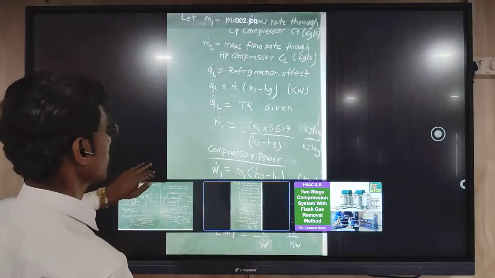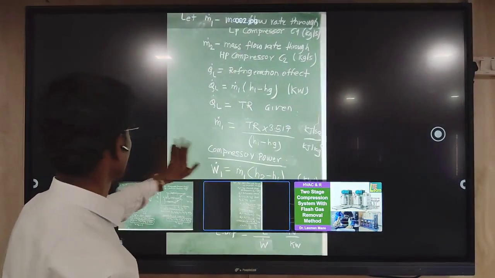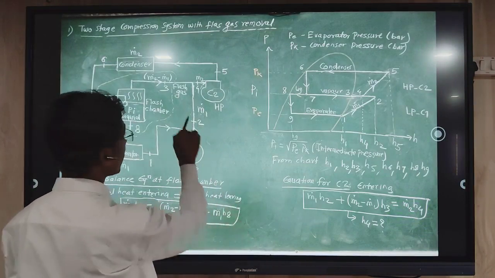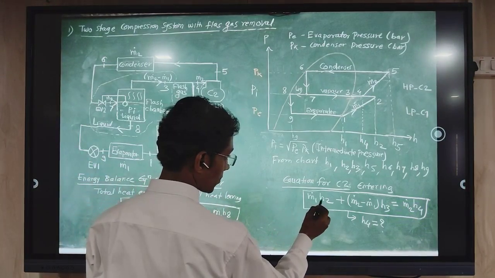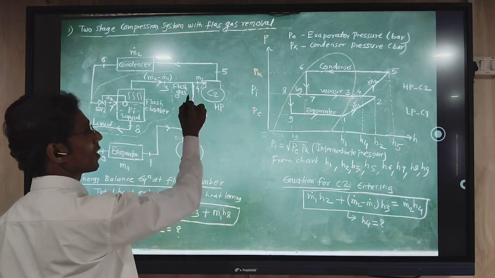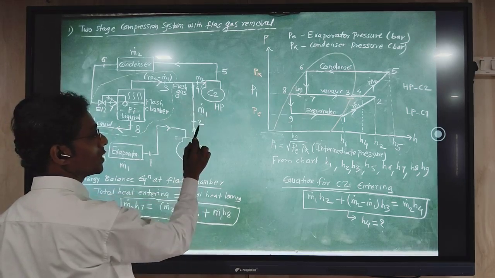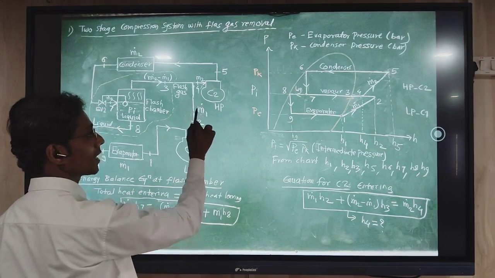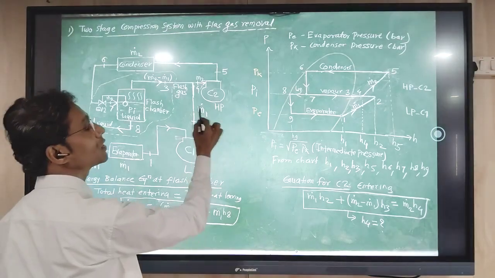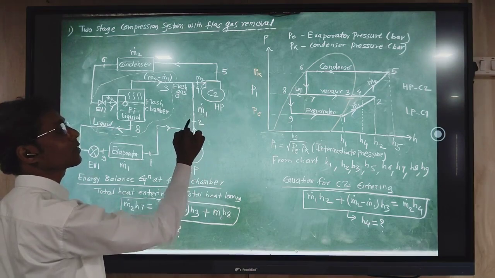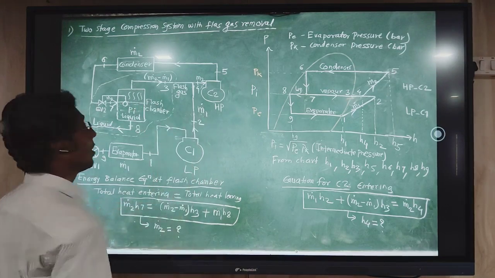Here you can get the mixing of these 2 lines: M1 dot into H2. M1 is the mass flow rate of this line, H2 is the enthalpy of point number 2. So the product of these 2 will be the heat content present in the vapor refrigerant coming from compressor 1.